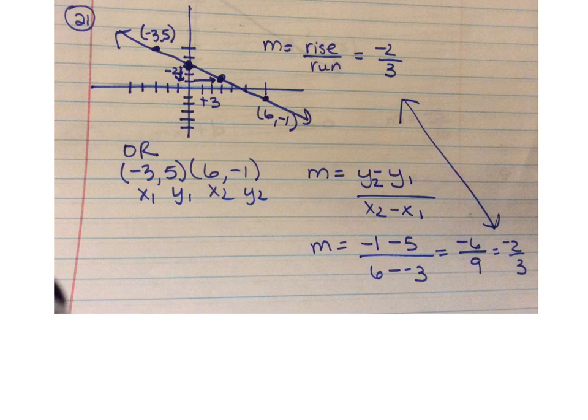The other option I could have done, and I did this right here, actually I'm going to use a highlighter to show this, was rise over run, so I went down 2 and I went right 3. So I get the slope -2/3 no matter which way I find the slope.